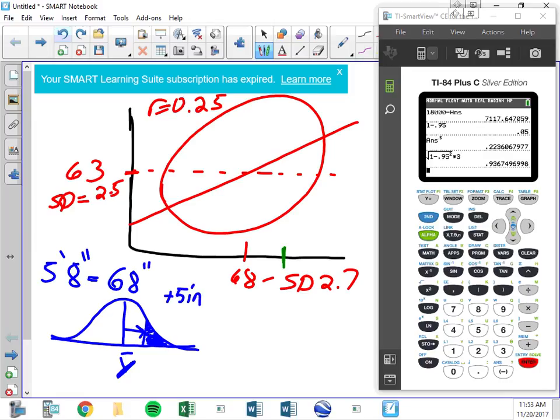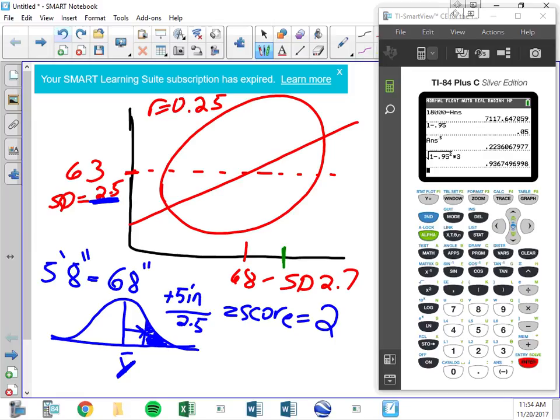I need to take that number and turn it into an SD. So I divide by 2.5 and I get a z-score, because that is the SD of the Y values. So the z-score is 2. So how do I find that right-tailed area if z is 2?